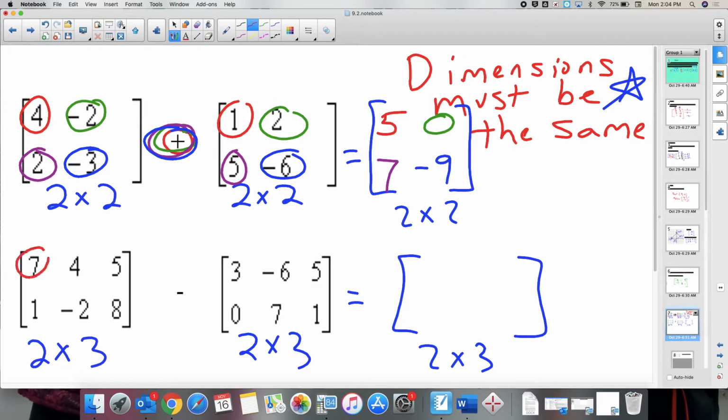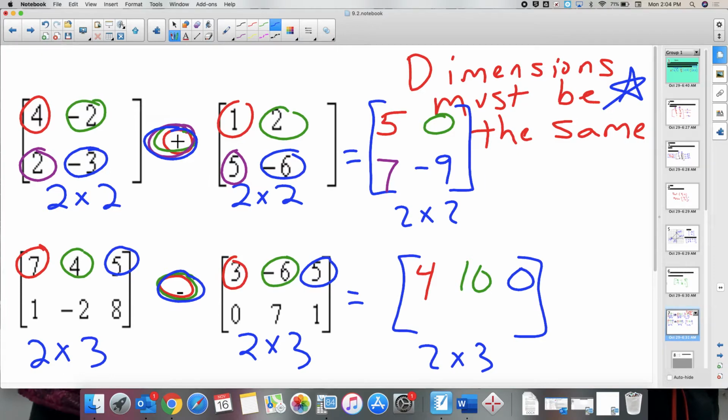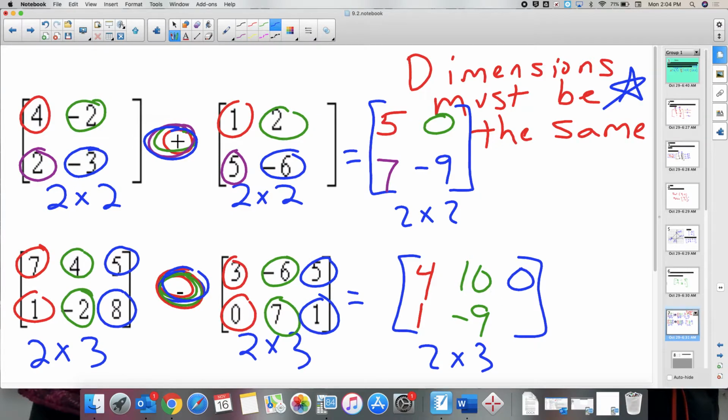Same thing on the bottom then. 7 minus 3 gives us 4. 4 minus negative 6 gives us 10. 5 minus 5 gives us 0. Doing the bottom, 1 minus 0 is 1. Negative 2 minus 7 is negative 9. 8 minus 1 is 7. So that's how you add and subtract matrices.